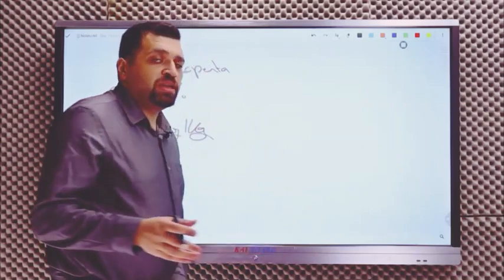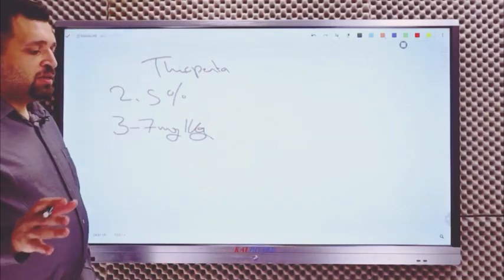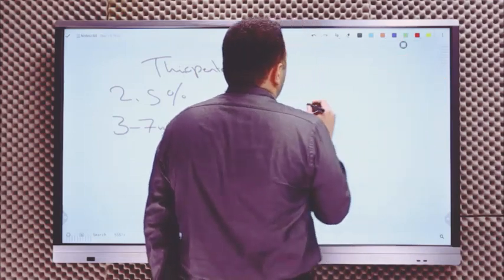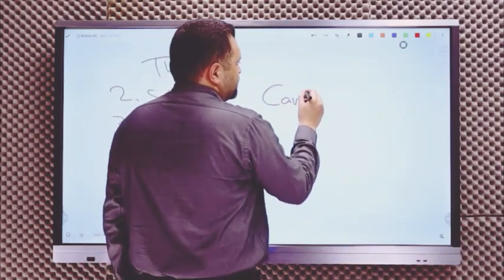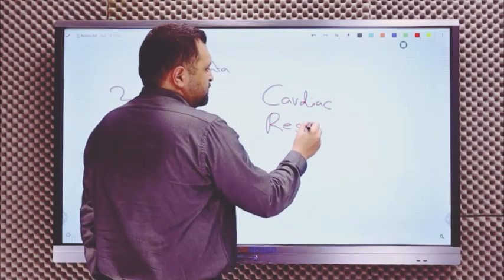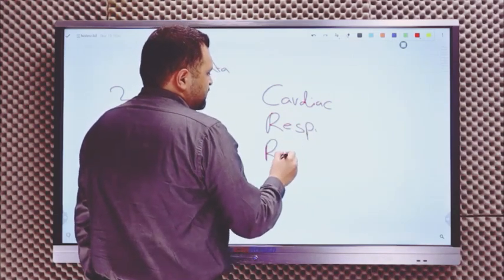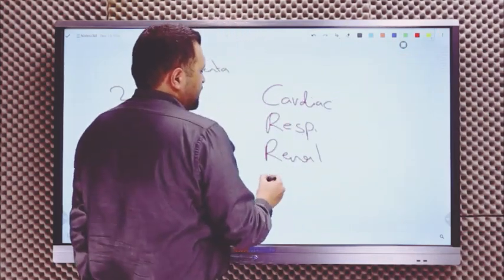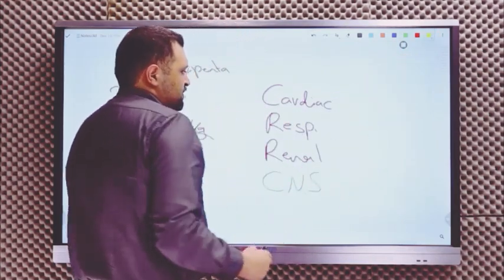We have many systems in our bodies. Some of these are so vital and important, like the cardiac system, the respiratory system, the renal system, and our friend here in anesthesia, the central nervous system.